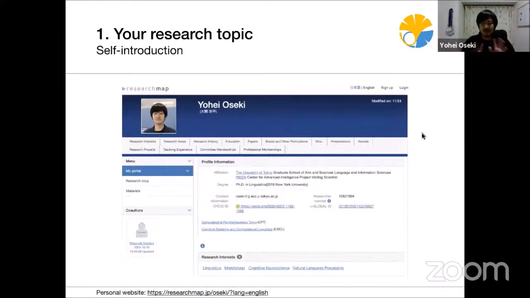I'm Yohei Oseki, assistant professor at the University of Tokyo, and also a visiting scientist at the RIKEN Advanced Intelligence Project, AIP. I'm a cognitive scientist by training, but I've been combining computational cognitive theories of language, cognitive neuroscience and natural language processing, NLP, techniques to get more human-like language processing models.